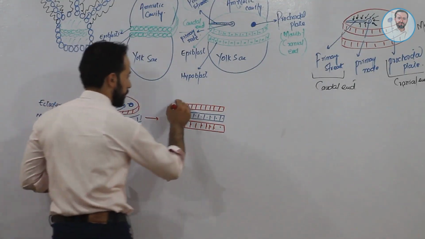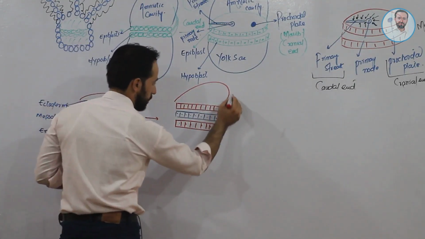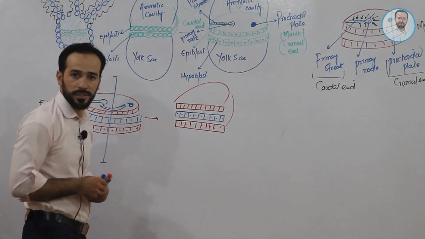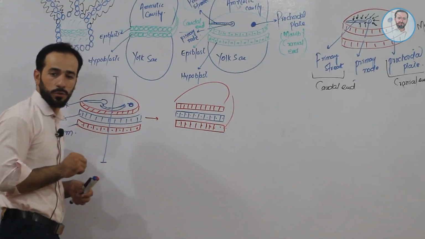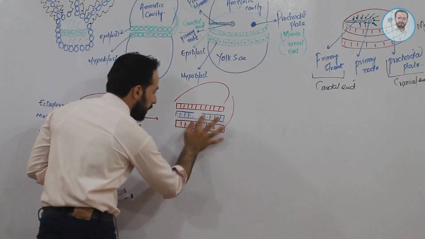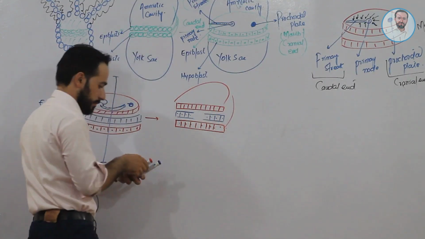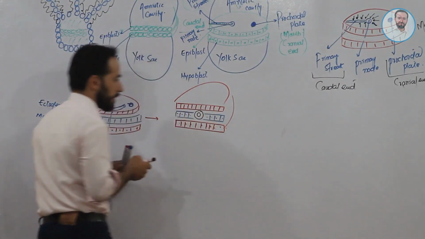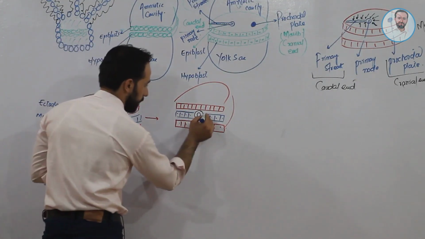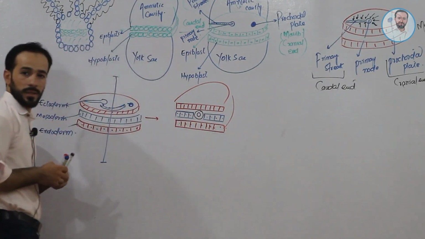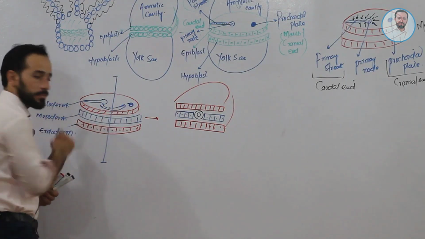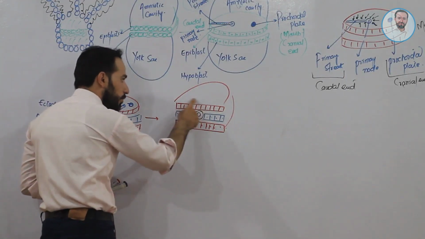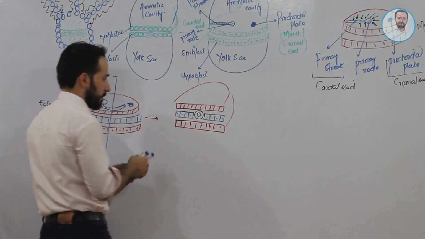Clear? Like this. Clear these three layers. Now where is that tube? The tube is formed here. The tube-like structure is formed here. Clear? I am talking about this tube. And this tube was also formed by these cells.